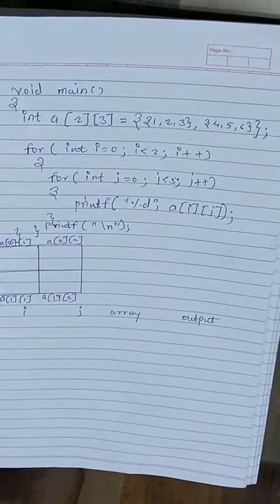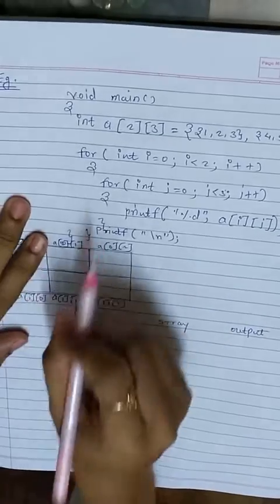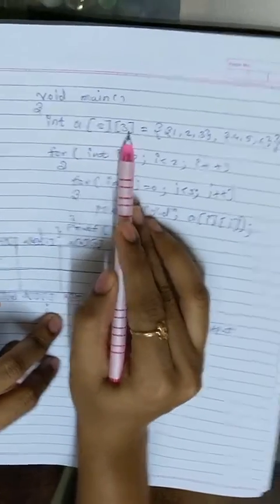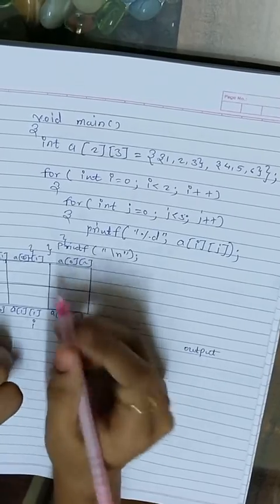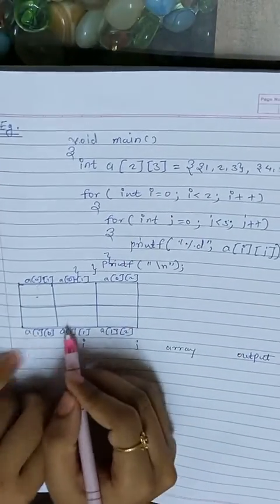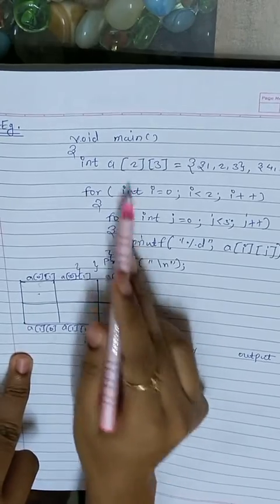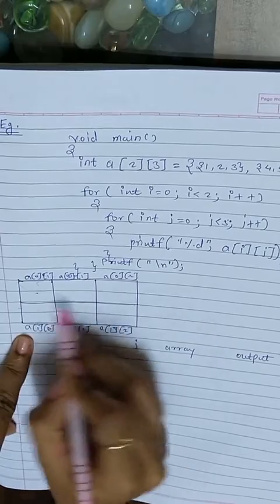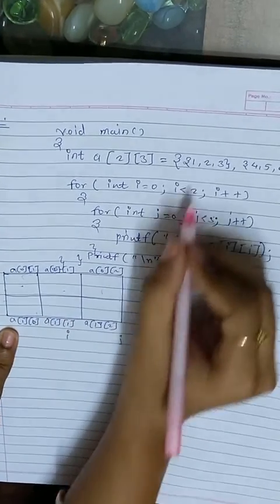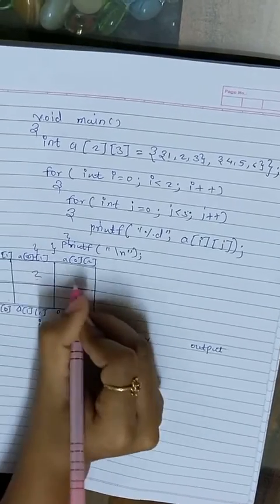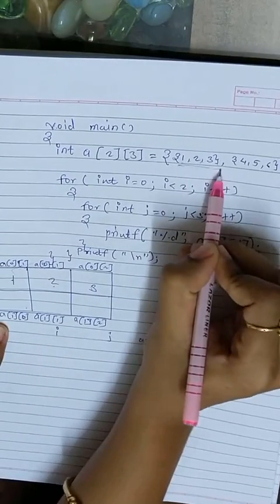Okay, let's take an example. Integer A of 2 3, inside main. This is a matrix. When you declare this A[2][3], it assigns memory in matrix form: 2 rows, 3 columns. So this is 1 2 3 in curly braces.